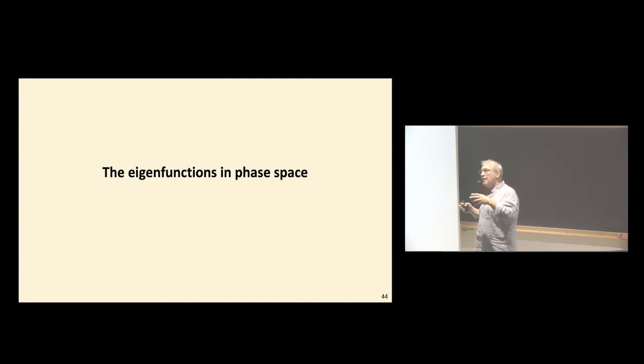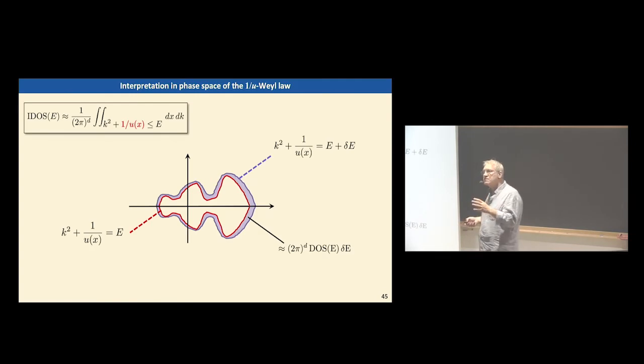And this is the last thing where we are now in theory: with the localization landscape we came to realize that we understand how eigenfunctions are in phase space. We understand where eigenfunctions are in phase space because when you have this Weil asymptotic law that works by replacing V by 1 over U, it means that you can compute the number of eigenfunctions up to energy E by just computing the volume in phase space.